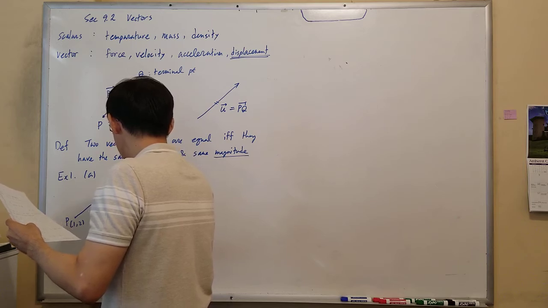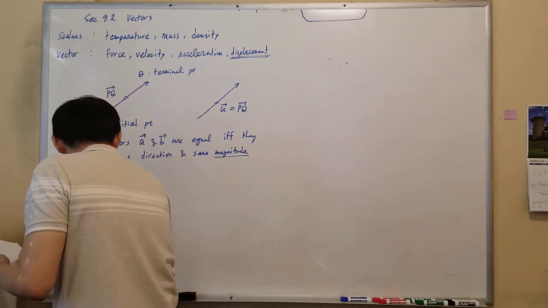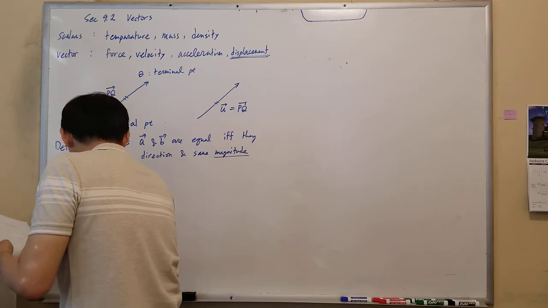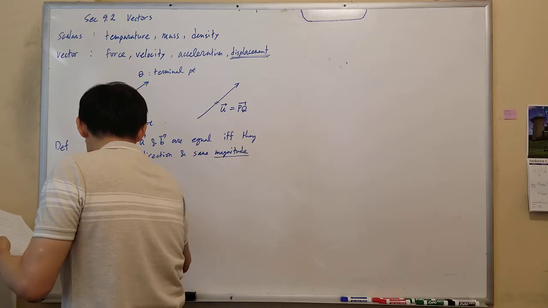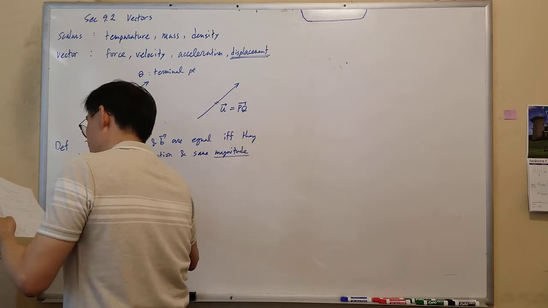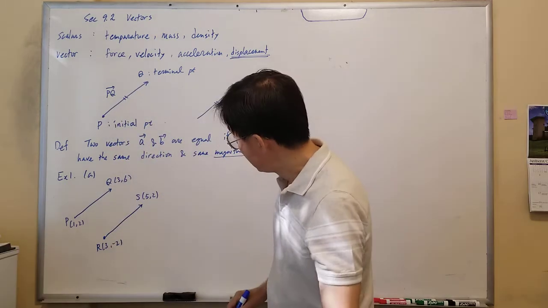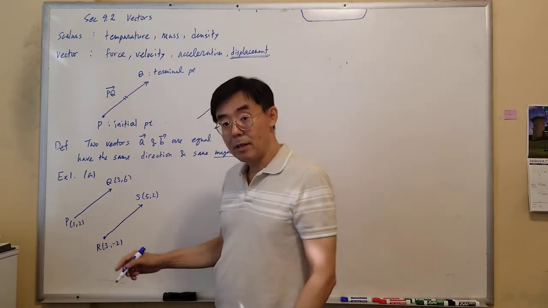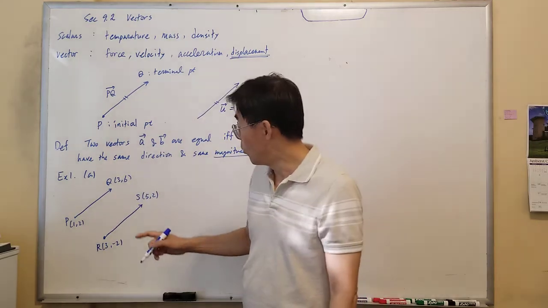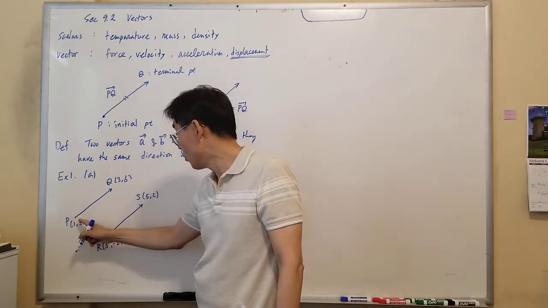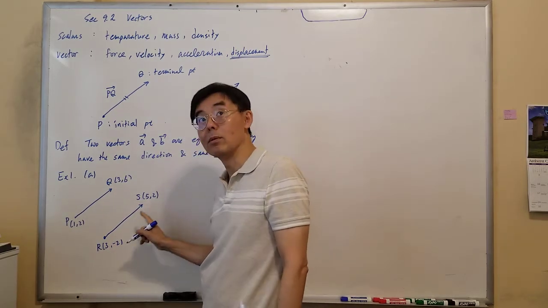And RS is going from, let's say, (3, -2) to S (5, 2). Two different location displacements. One is a change in location from (1, 2) to (3, 6). The other is (3, -2) to (5, 2).